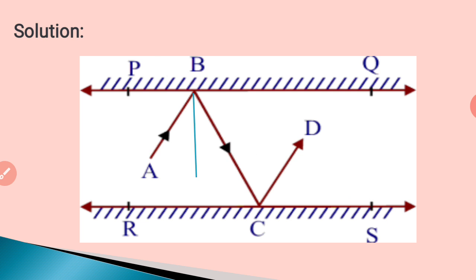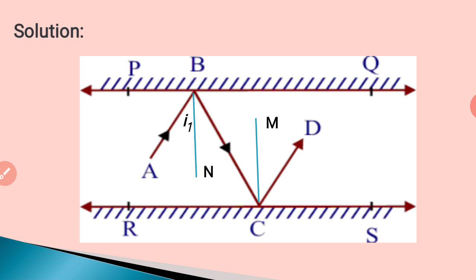A normal is a perpendicular at the point of incidence. This is named BN. So BN is perpendicular at B to PQ. Similarly, we have one more normal CM at C.